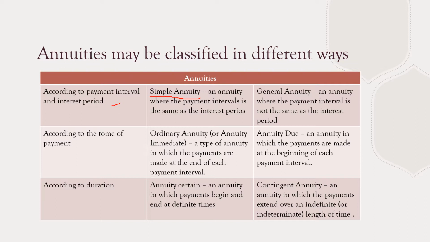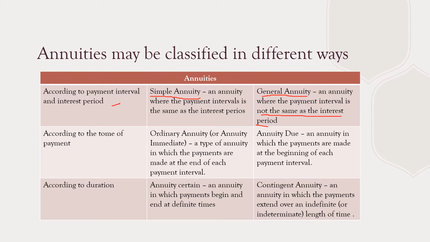Also, under this payment interval, we have the general annuity. So, anong pagkakaiba nila? Ito naman, it is an annuity where the payment interval is not the same as the interest period. So, take note of that. Ang simple annuity, the payment interval is the same as the interest period.